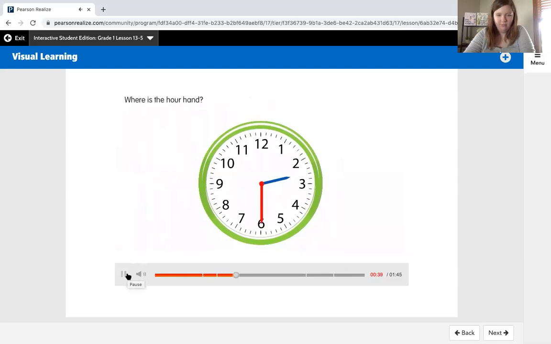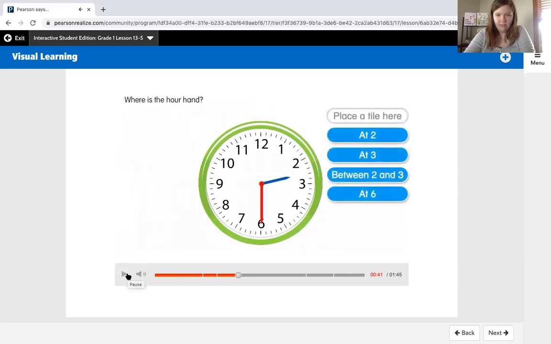Where is the hour hand? Select your answer. So when the minute hand is pointing at the 6, we can say it's half past or it's 30. Now, where is the hour hand? Is it on the 2? Not quite. Is it at the 3?